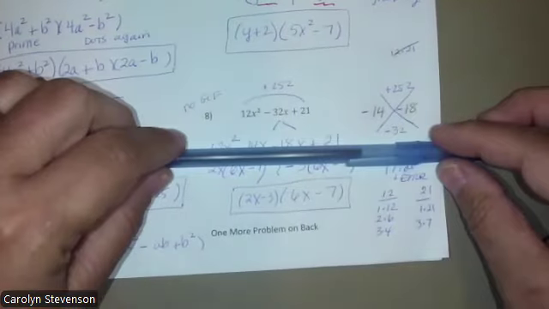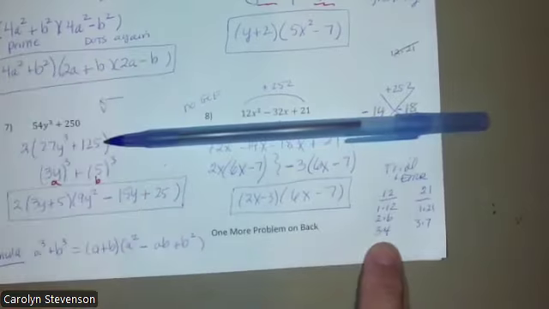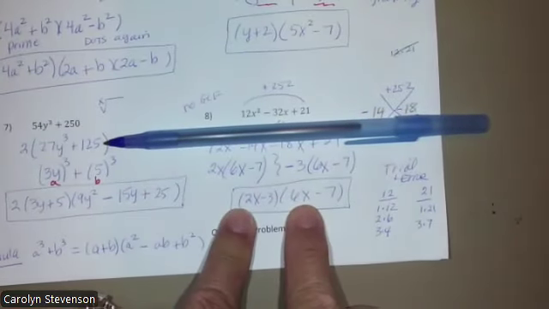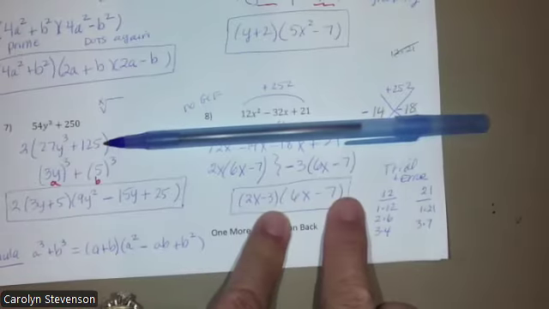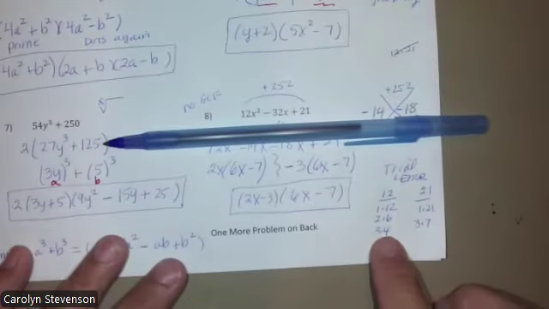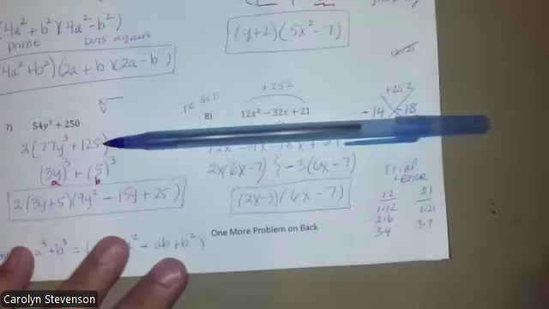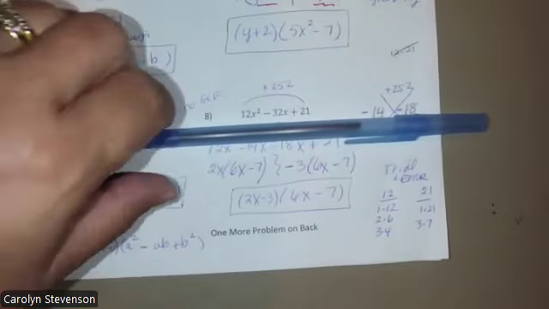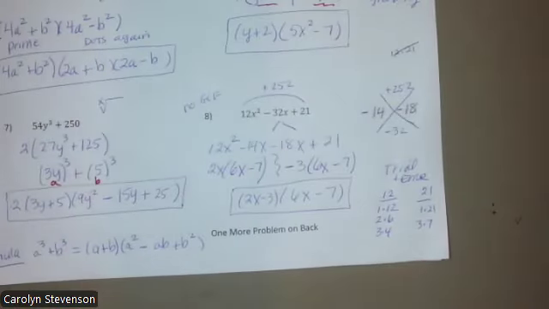You wouldn't do all this in the middle. You would just start picking choices for the 12, like maybe start with 3x times 4x here, and then start with 3 times 7 here. Play around with it, see if it works out. If it doesn't, then you have to do the 3 and 4 with the 1 and the 21. If that doesn't work, then at the front you use 2 and 6 with 3 and 7. So you have to play around with it, but you can get the answer that way.